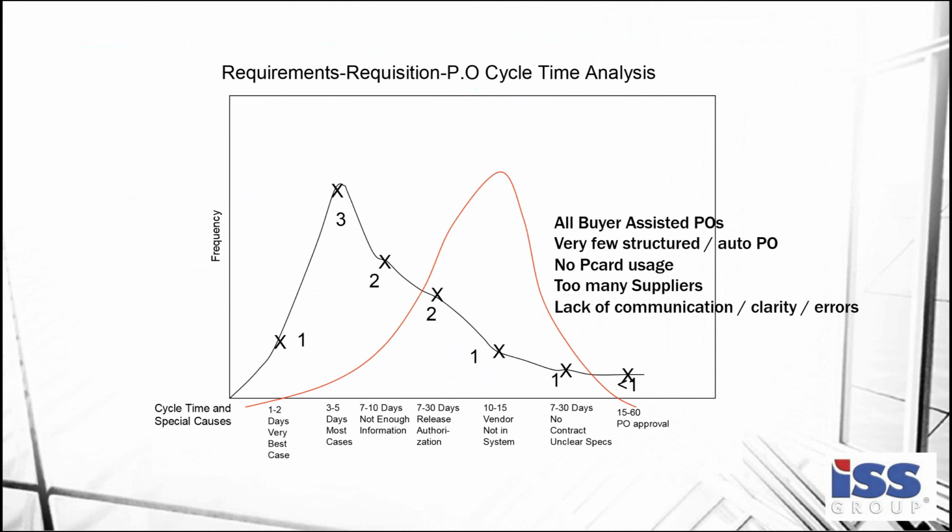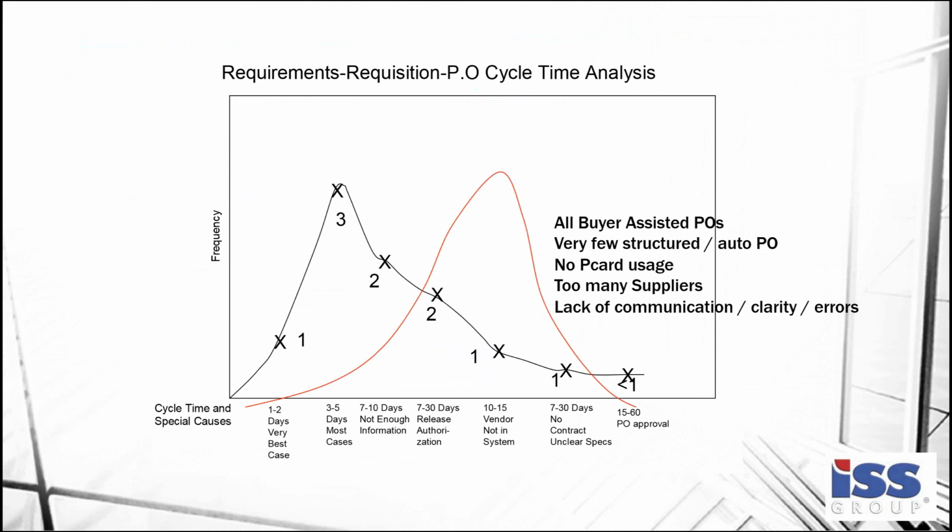That is the bulk of the purchase orders come through in 3 to 5 days. So let's look at the bulk of purchase orders on the red graph, 10 to 15 days. That's where the high number of purchase orders come through. 3 to 5 times what the black graph would show. So what's the problem here? Here's some things that we've seen.